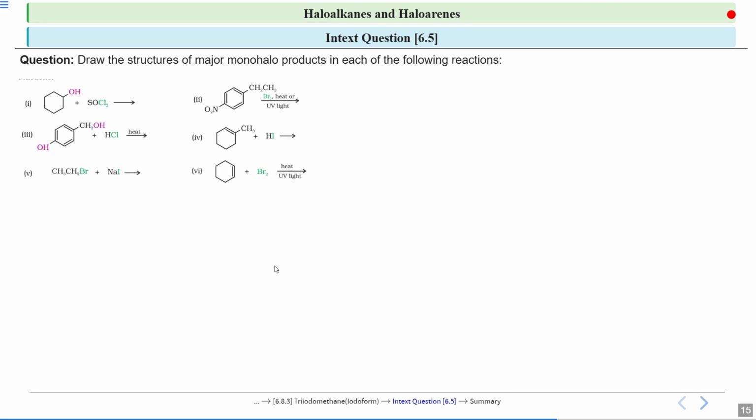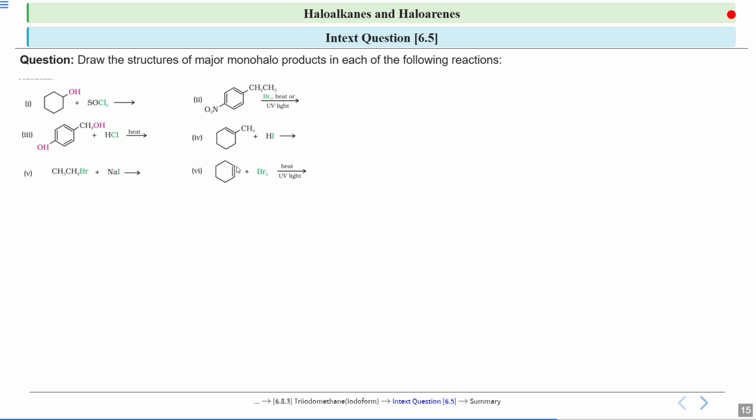Let's solve an intext question. Intext question 6.5: draw the structures of major monohalo products in each of the following reactions. There are 6 parts of this question, in which each part gives the reaction along with its reactants and reagents. You have to draw the structures of the major monohalo compounds.